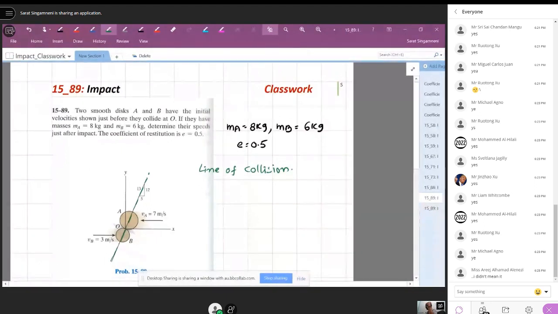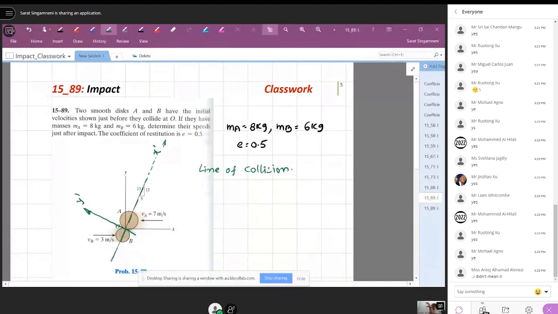perpendicular to the line of collision, and say this is the line of collision or line of centers. I'm calling this x dash. And so positive x dash is that way. And the perpendicular axis will be like this, and that is the positive, let's call it y dash.